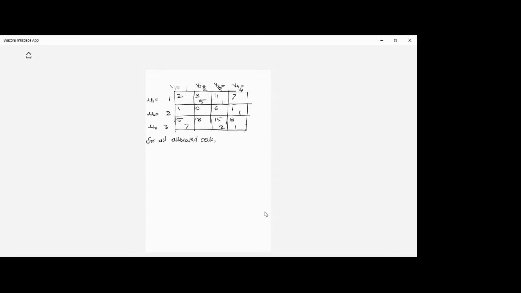What is the formula? Cij is equal to Ui plus Vj, for all allocated cells. These are the allocated cells: 1, 2, 3, 4, 5 and 6.